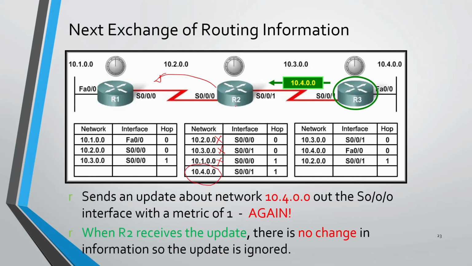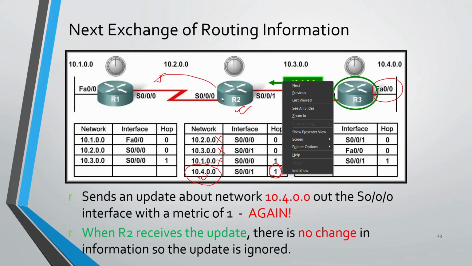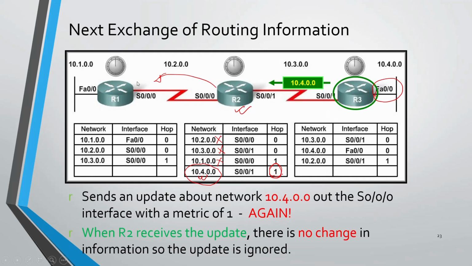For R2, if you want to reach network number 4, how many hops do you have to pass? 1, right? This information is now shared with router R1.